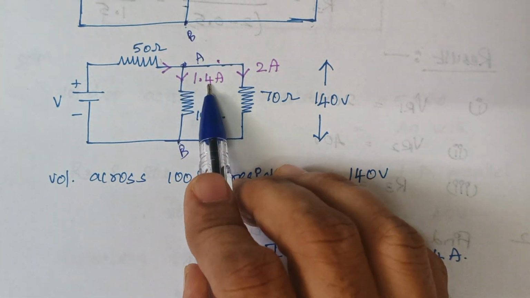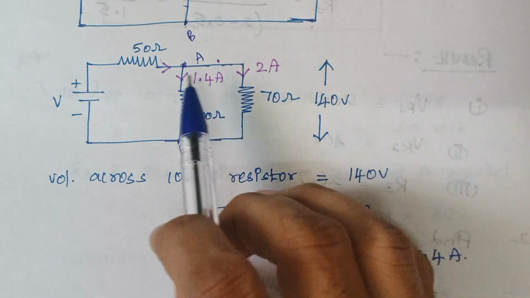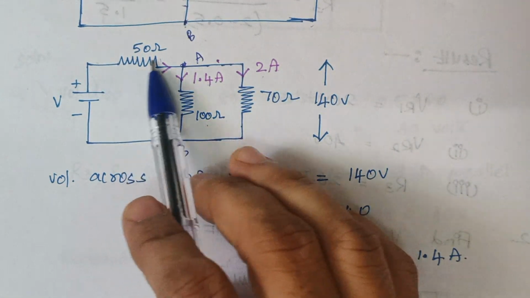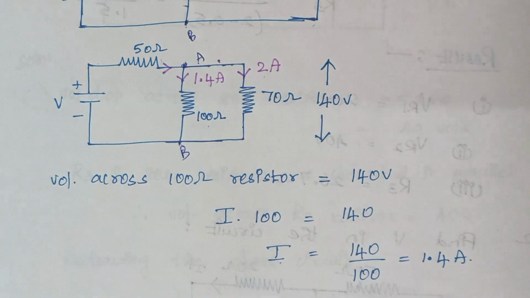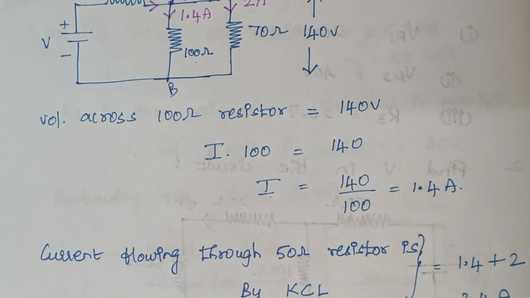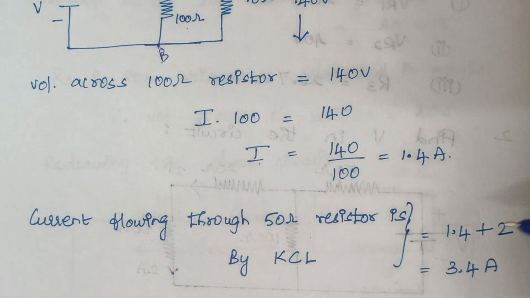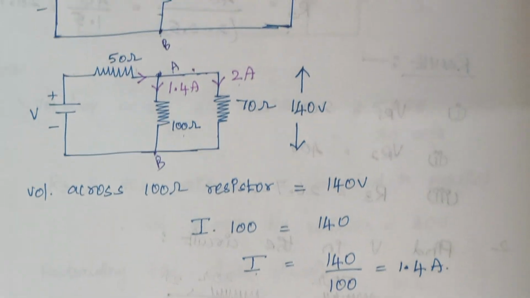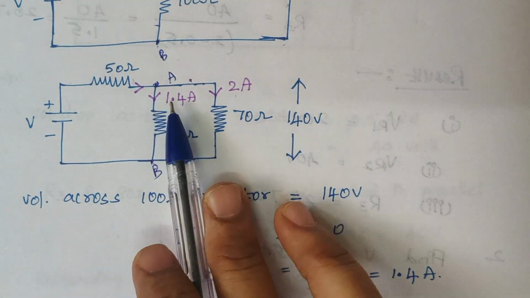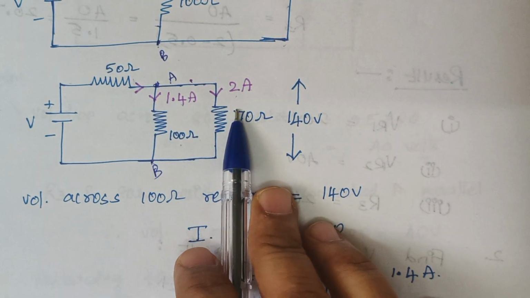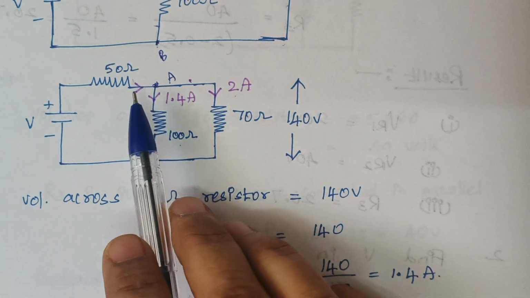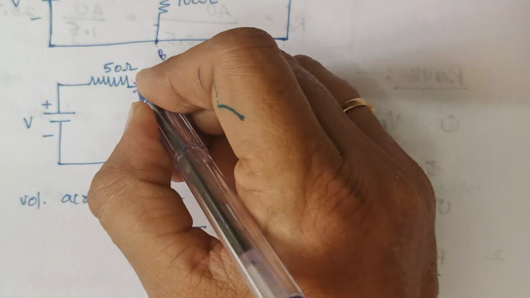That is 1.4 plus 2 amps, the total current that flows through this 50 ohm resistor, because that is the current which gets split into 1.4 and 2. So the total current is 3.4 amps here.